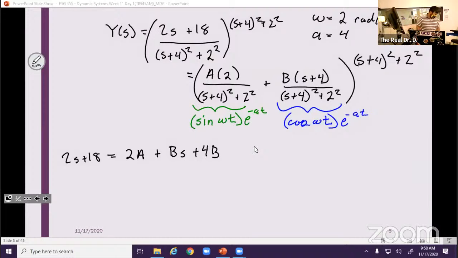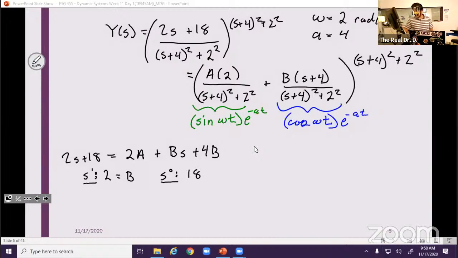The reason that you want to do that is because now you can group the s to the 1 term. So s to the 1 is going to tell me what? 2 is equal to B. S only has 2s and Bs. So hey, look at that. B is equal to 2. It's already done. And we've got s to the 0.